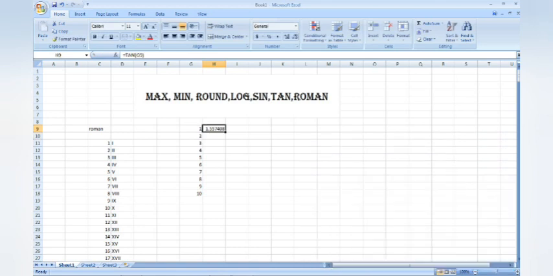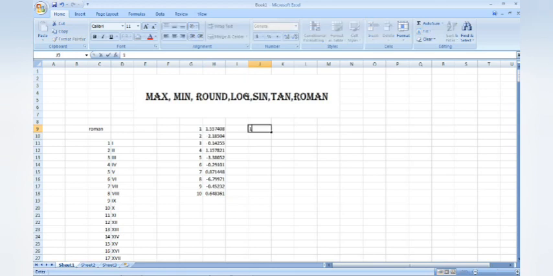Tan 1 is 1.557. We're going to drag it down to have the tan for the remaining numbers. So these are the tan values for 1, 2 to 10. You can increase the number to whatsoever figure that you want. It's still going to give you the result.